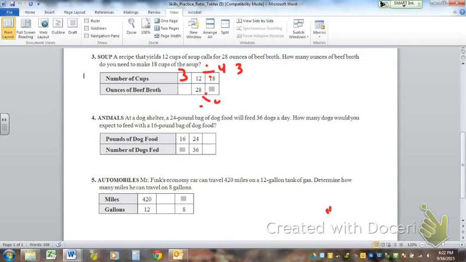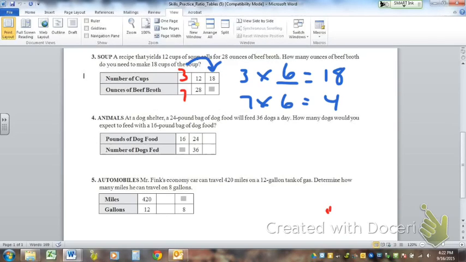And 28 divided by 4 is 7. Next, I want to change my 3 to become an 18. So 3 times what number equals 18? And that would be 6. So I have to do 7 times 6 to get 42.